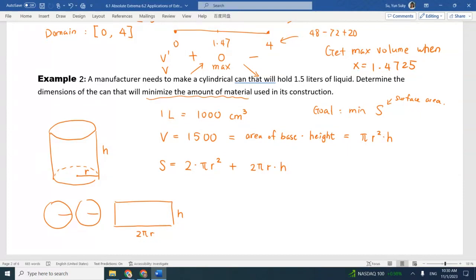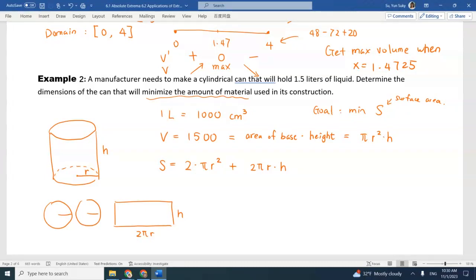Can you see that, everybody? But if you want to solve for h in terms of r, you just divide both sides by pi r squared. You don't see square roots. Do you like square roots when you take the derivative?